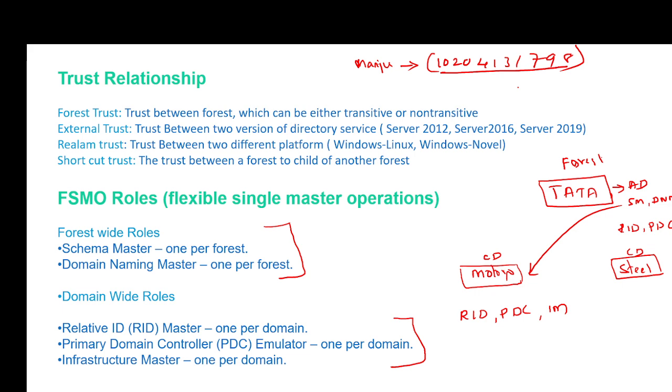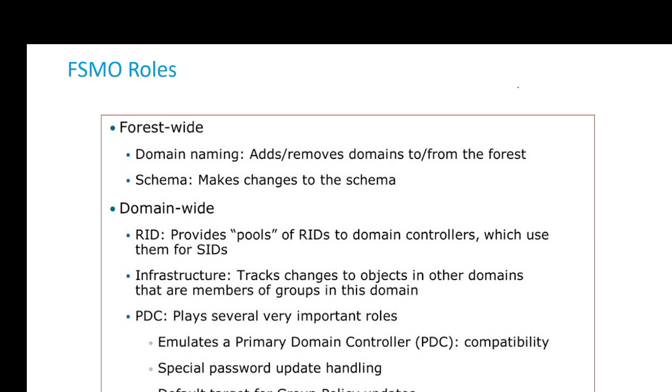And this primary domain controller is there, right? This is very important. If somebody asks you which is the important FSMO role, it is PDC, because PDC plays a major role. PDC is responsible for the password updates, the group policy updates, and also the time synchronization.